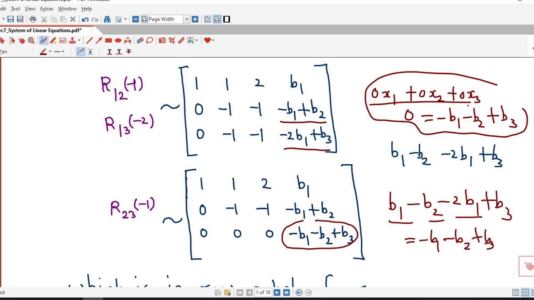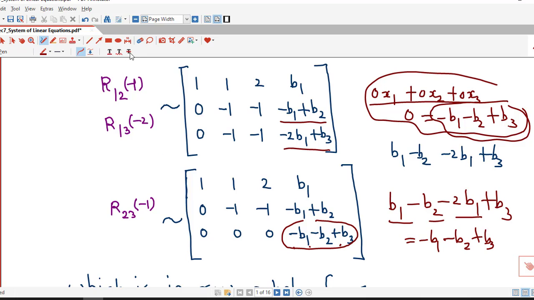So we have 0 equal to minus b1 minus b2 plus b3. Now if this quantity is non-zero, then we have 0 equal to a non-zero number. So if this quantity, minus b1 minus b2 plus b3, is non-zero, then the system has no solution.